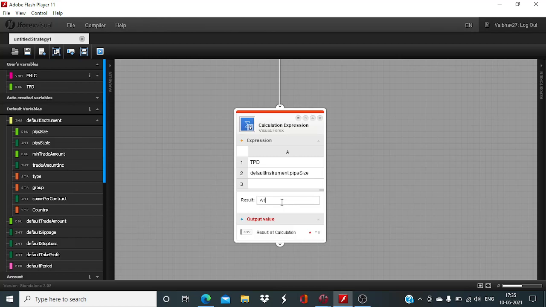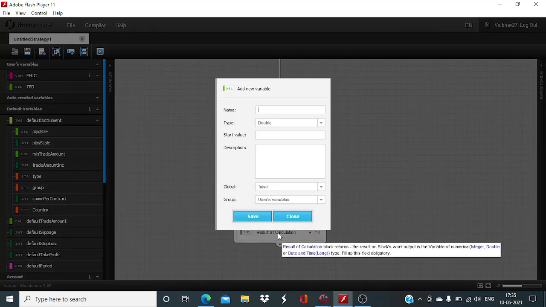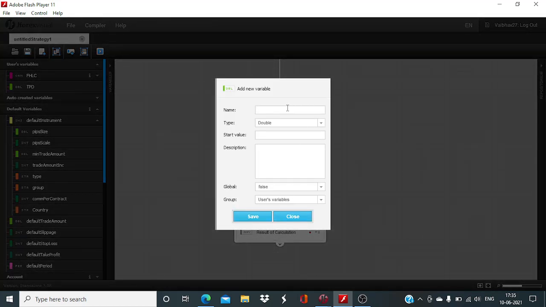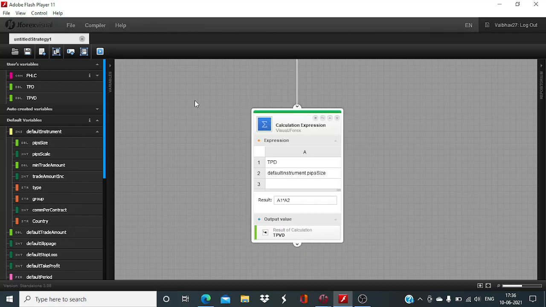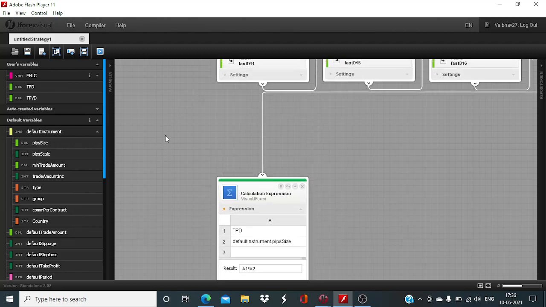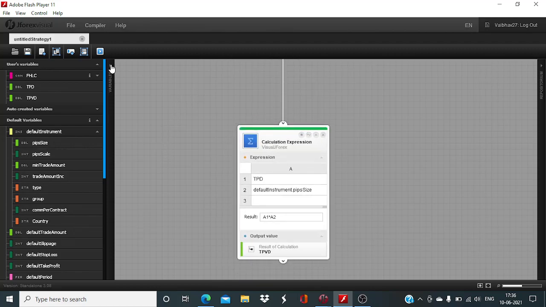So it will be A1 into A2, and the result of the calculation will be 10 pips. Okay, so this value will come in handy to carry out further calculation while defining the entry point for the buy trade as well as for the sell trade.